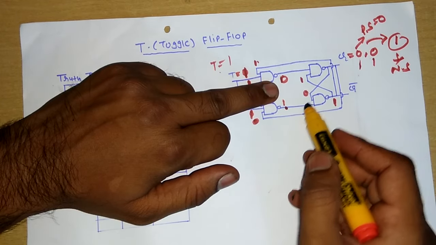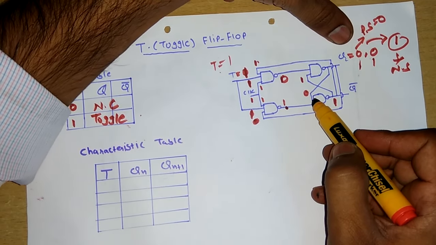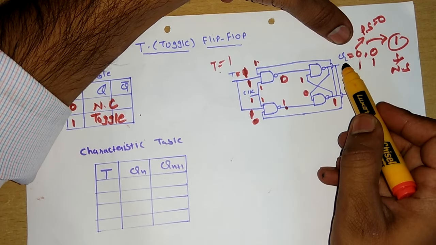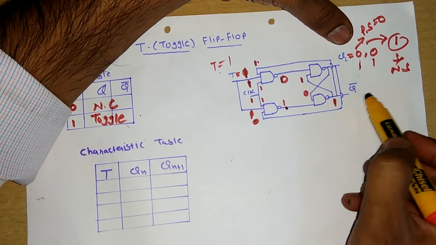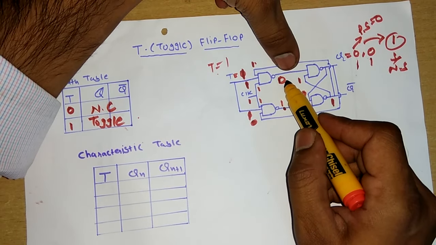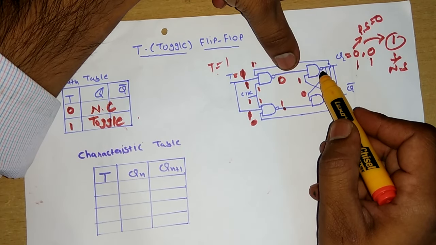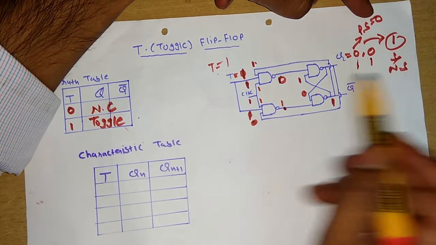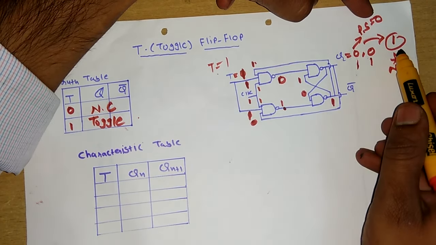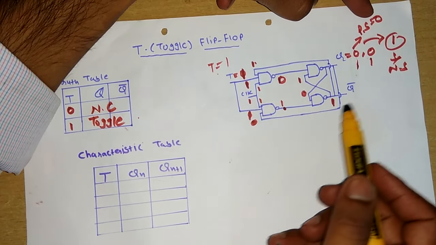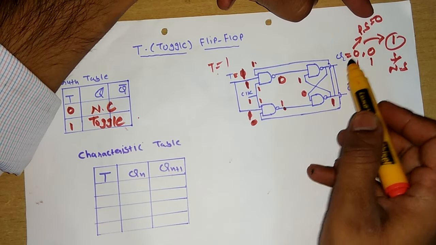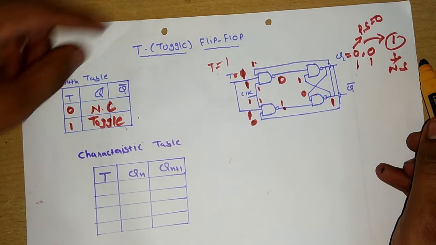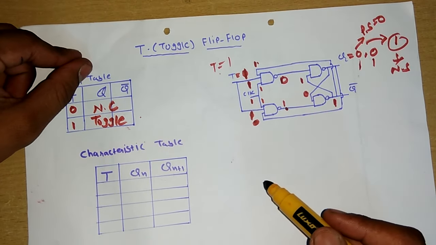I do not need to check my Q bar value, because the flip-flop's set or reset condition depends only on the value of Q. Here if it is 0, immediately this output of the NAND gate becomes 1. So my present state was 0, and if T is equal to 1, your next state becomes 1. So that is the toggling process. If it is 0, it becomes 1. If it is 1, then it becomes 0. So we can verify all the cases in such a way.